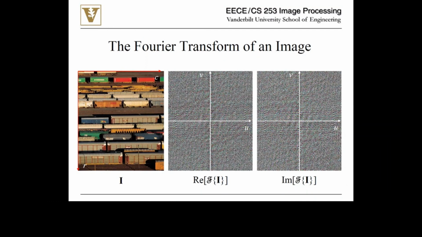Okay, so in this Fourier space, the low frequency components are close to the origin, and the high frequency components are closer to the edges. Again, we will see this in more detail today.